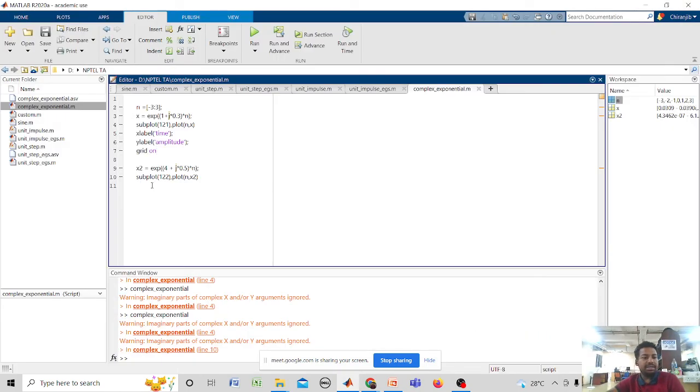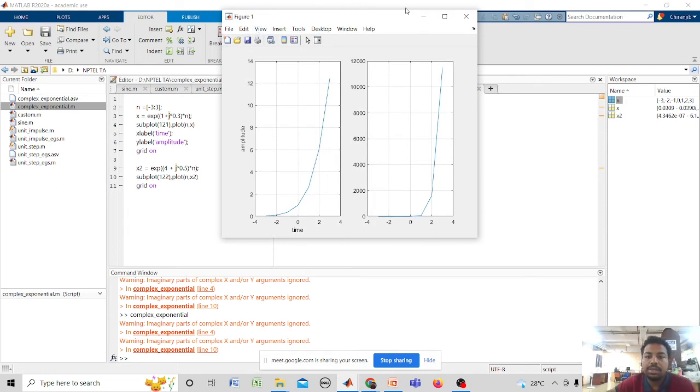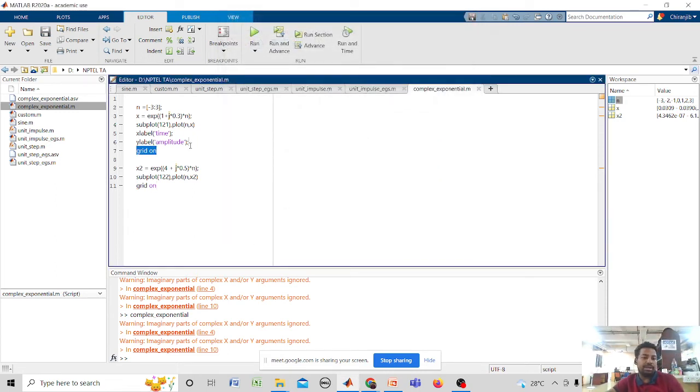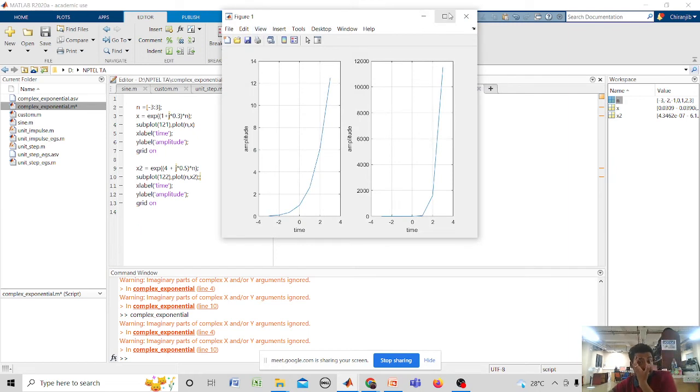We can turn on the grid to look better. And obviously accordingly you can label the graph. This is how it is done for labeling purposes.